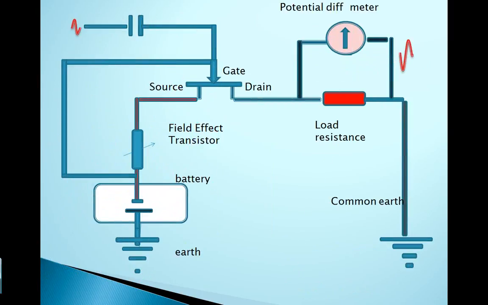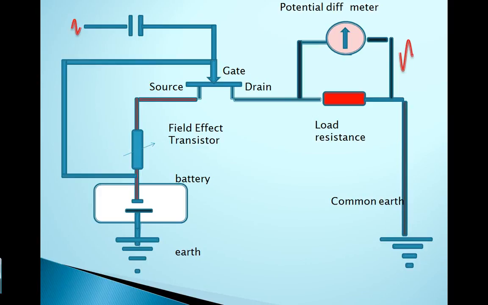A field effect transistor is a much better equivalent of the pneumatic circuit, because in this case the gate acts very much like the diaphragm in that there is no flow between source and gate. It's a field effect that works here. What you have here is a negative chunk of material which goes from source to drain, and a voltage such that on the drain you have a positive potential which draws the electrons through it.